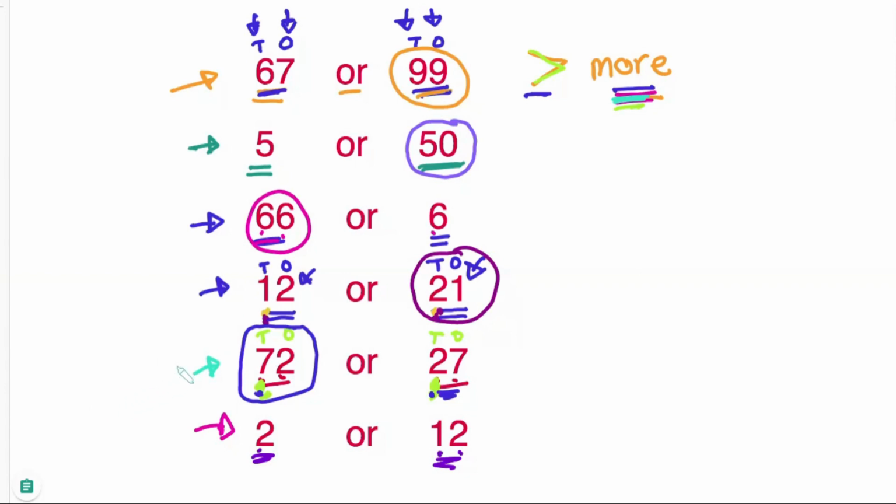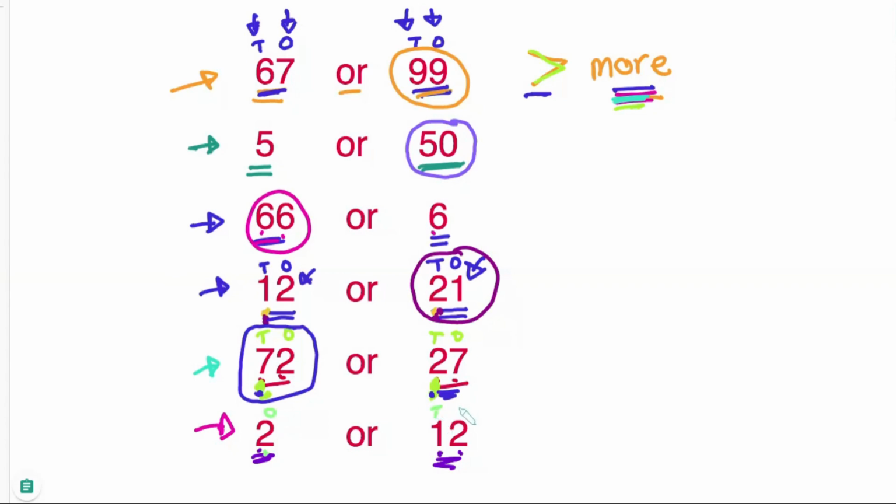I'm going to ask you a question. If we have number 2 by itself, is this 2 tens or 2 ones? What do you think? Is it 2 tens or 2 ones? This is 2 ones. It's 2 ones by itself. Let's write our tens and ones on top of 12 as well.